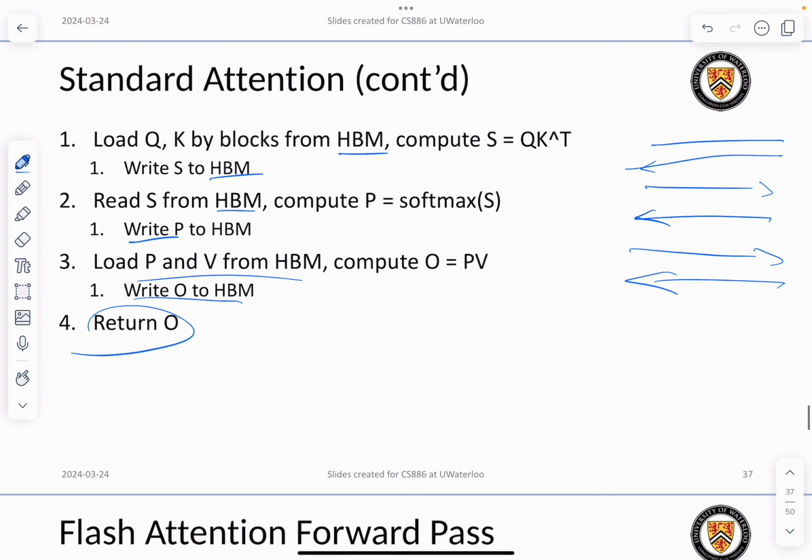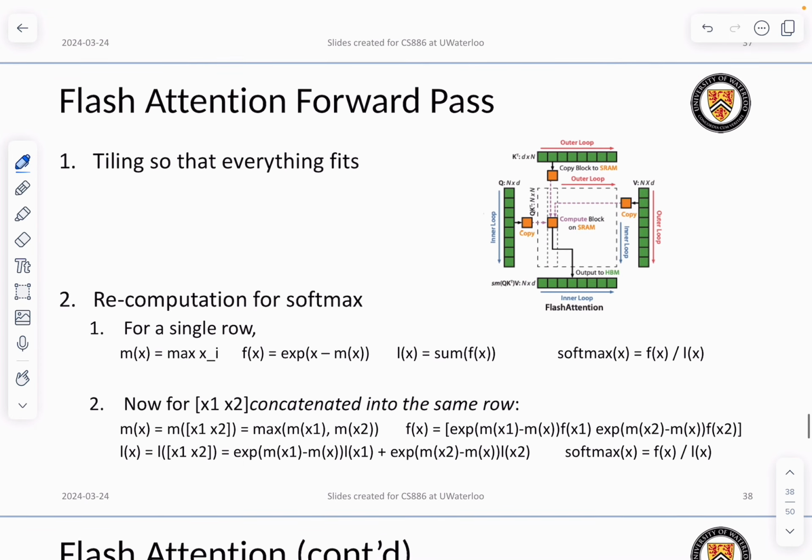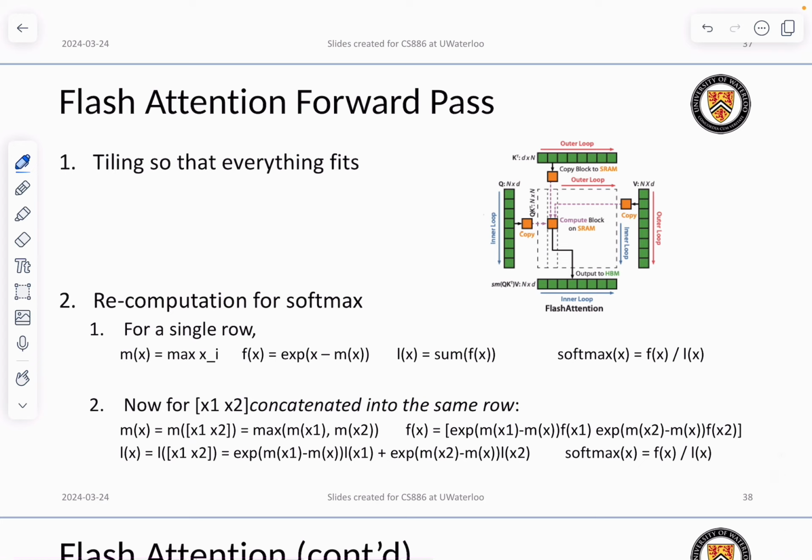That's not the smartest way to do things, and it doesn't really use SRAM to speed this process up. So the idea is that we can use SRAM. Well, how can we use it? First of all, we can use a method called tiling, which basically says, okay, this is your SRAM here. You break it up into a few different slots.